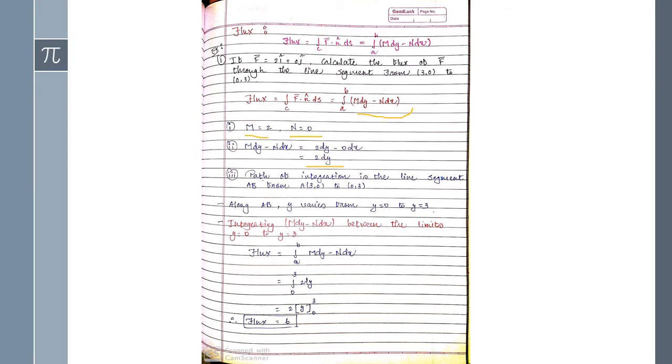Along AB, you can write the integration either in limits of x or in limits of y. But you can check that M dy minus N dx we are getting in the form of y only, so here we will write the limits of y only.